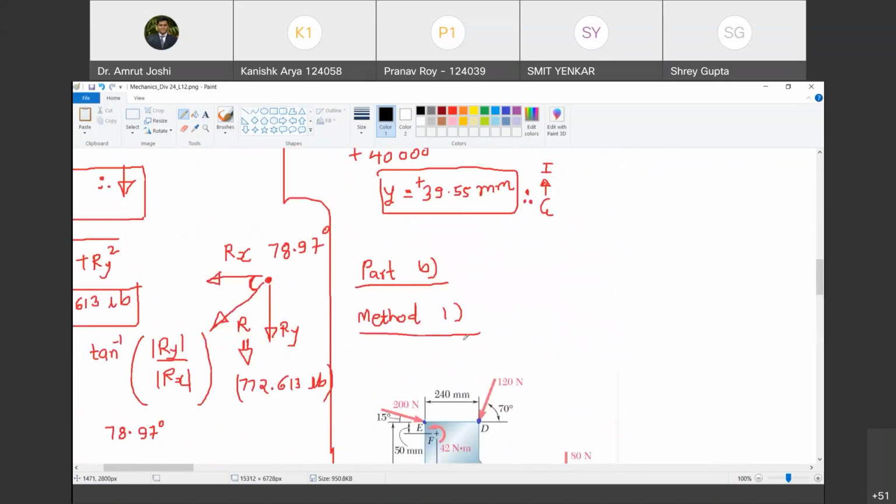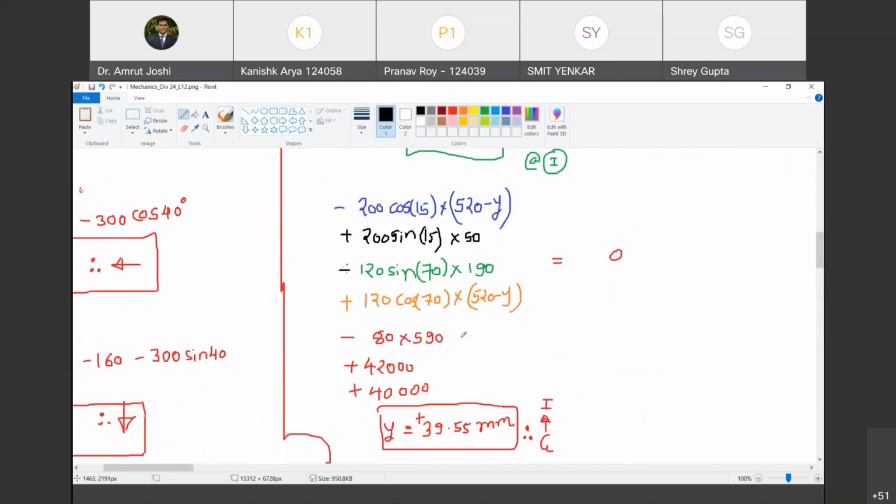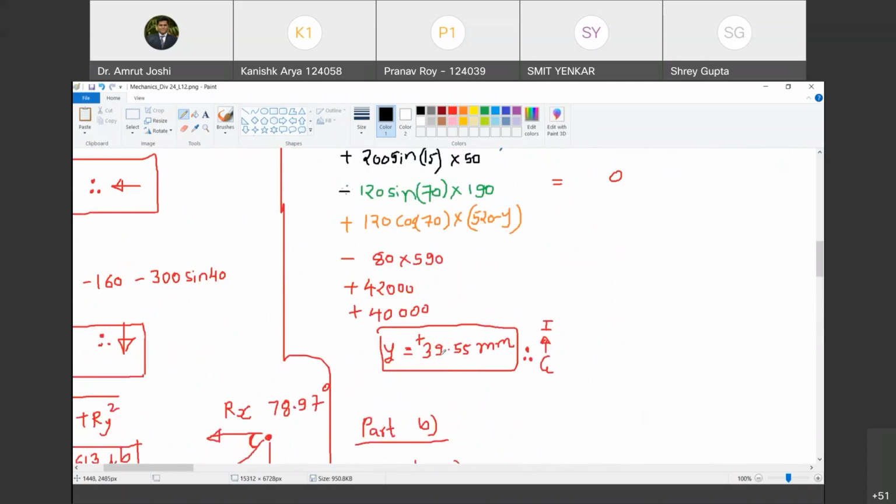So recalculating y is coming as 415.07. Yes, sir, I also got the same value. So let me put it here. 415.07.